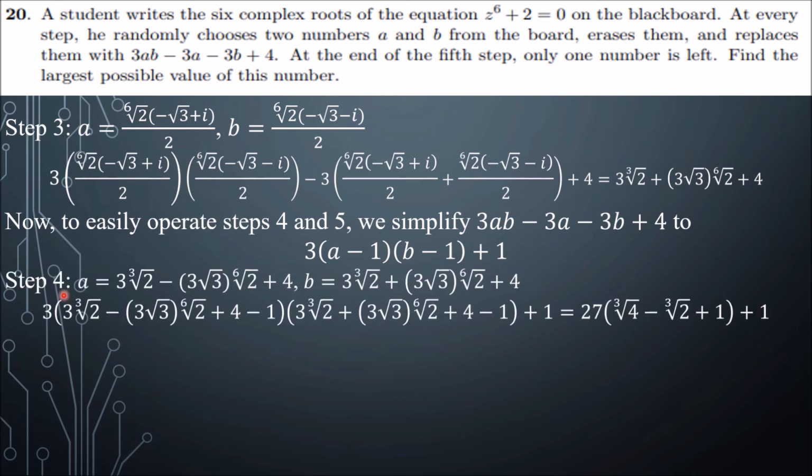Let's have step 4. So let a be this one from step 2 and b be this one from step 3. Substitute 3 times a minus 1 times b minus 1 plus 1. Simplifying all of that, we have 27 times cube root of 4 minus cube root of 2 plus 1, plus 1.